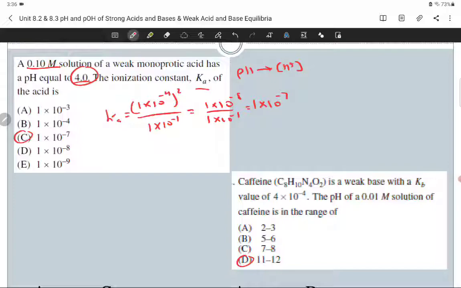We have caffeine here. Caffeine has a Kb value, and a pH is given. So Kb, 4 times 10 to the negative, let's kind of divide these two here. Questions. pH doesn't do you any good if you have a Kb value, but a pOH does you lots of good.